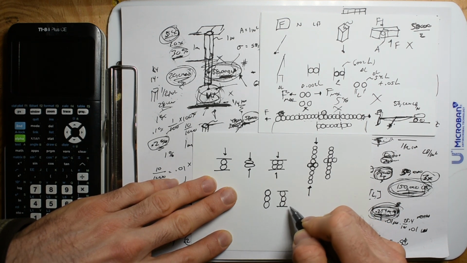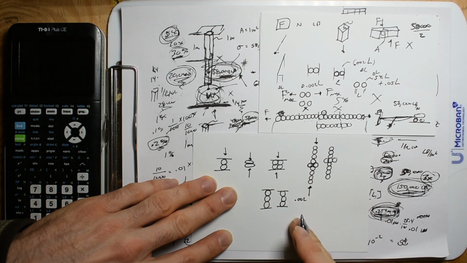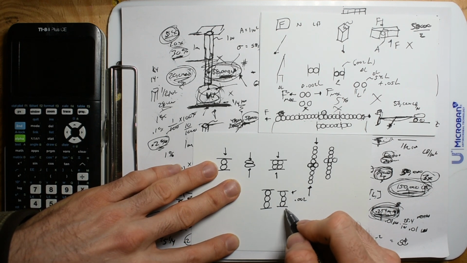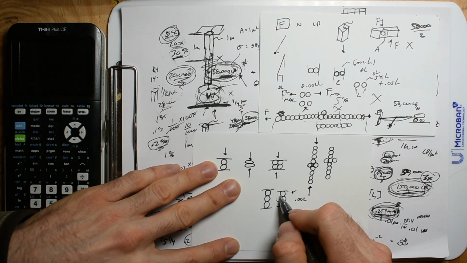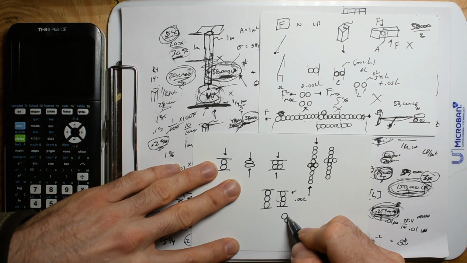That reduction in height might be 0.002, but this is the limit. If you go farther than that, it's going to stay deformed if you get a shape like that.